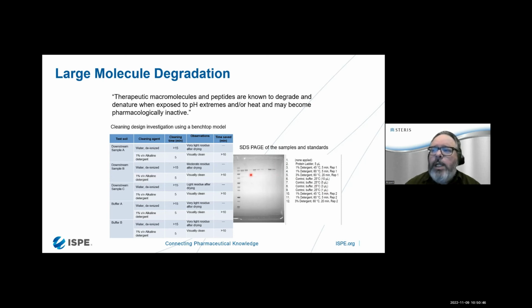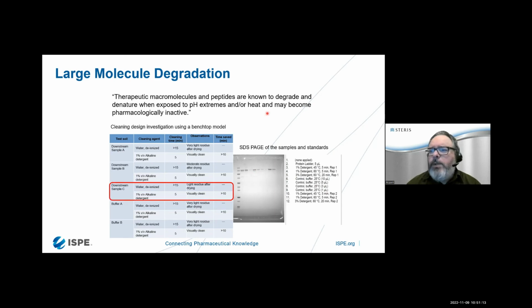So here we're looking at a cleaning process to remove the residue from the surface at 1%. But if we want to degrade the molecule as a function of the cleaning process, we're looking at a higher concentration. And in this case, we have our controls at different concentrations for comparison. And this is a monoclonal antibody around 140,000 kilodaltons.